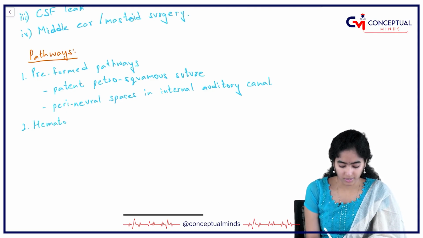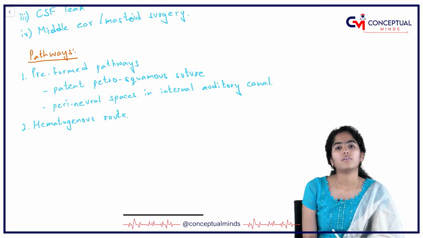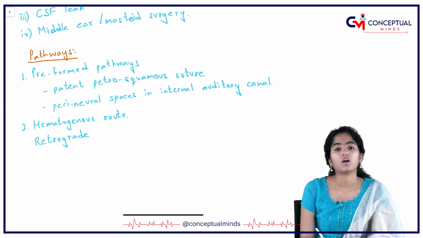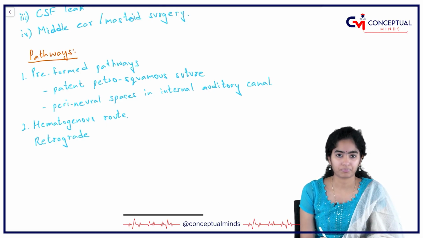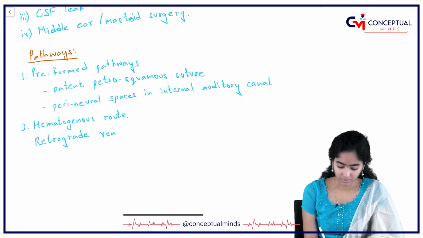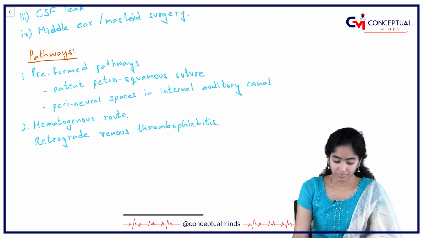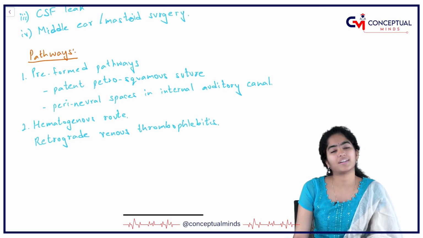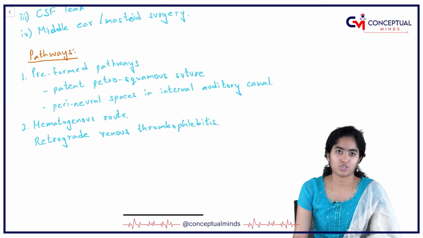Hematogenous route is another pathway which could also involve retrograde thrombophlebitis. Retrograde venous thrombophlebitis could be associated with extradural abscess or granulation tissue formation.